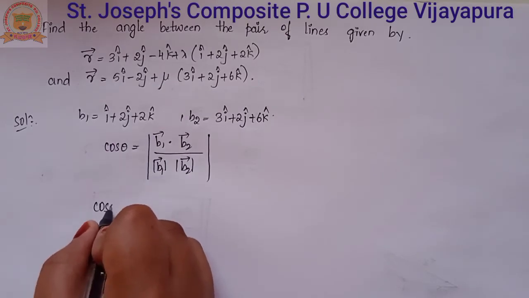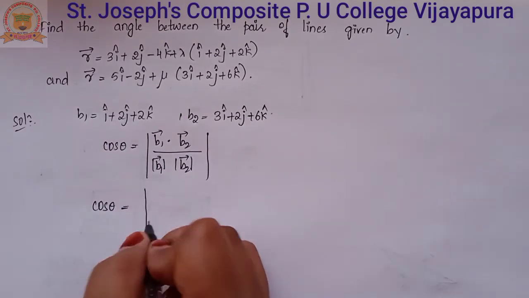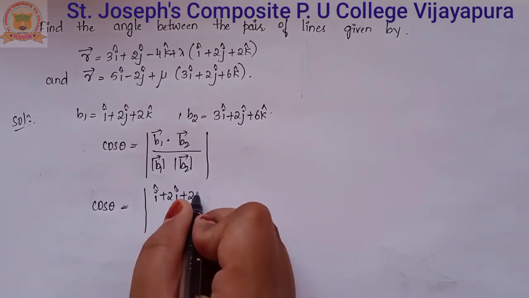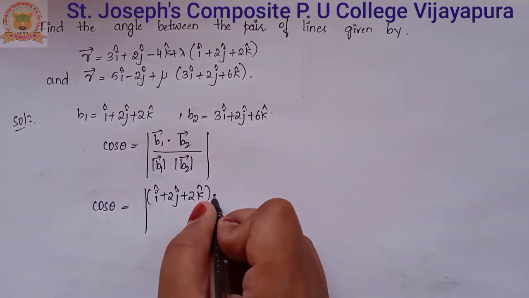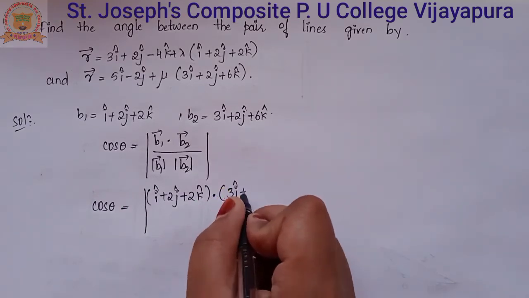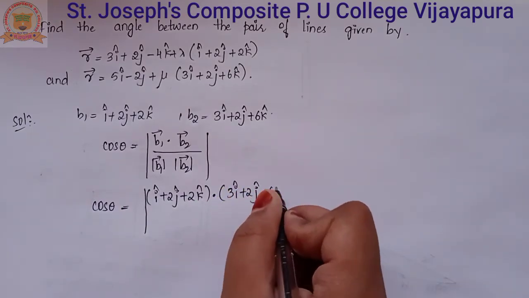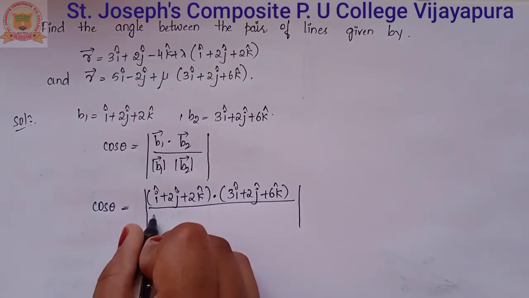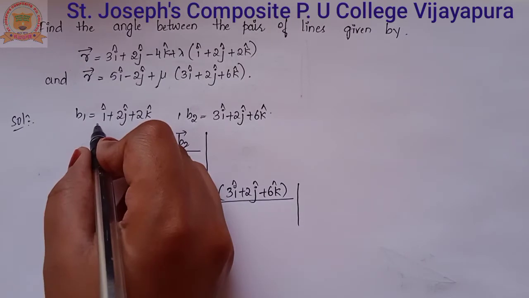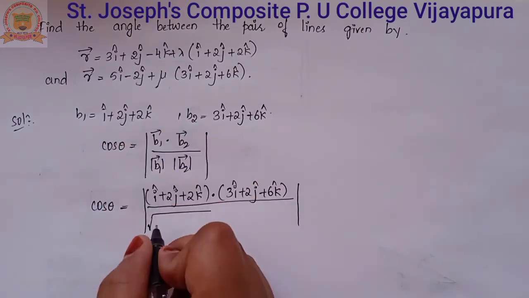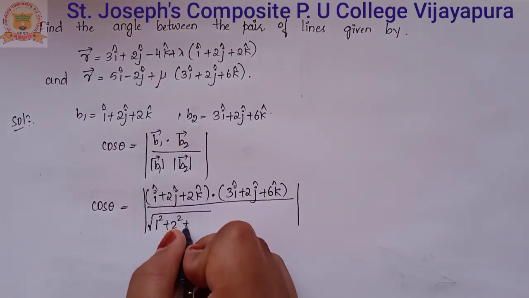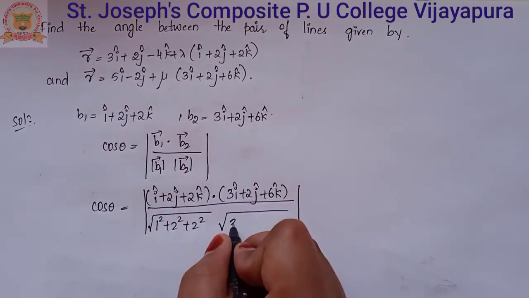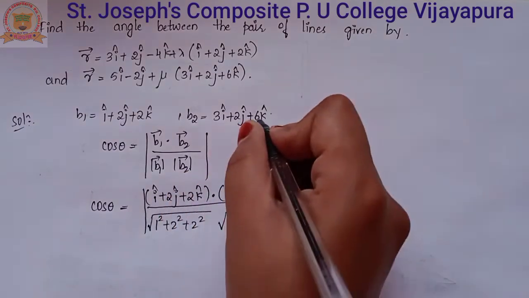We get cos theta equals mod of (i vector plus 2j vector plus 2k vector) dot (3i plus 2j vector plus 6k vector) whole divided by root of, see the coefficients, 1 square plus 2 square plus 2 square, into magnitude of b2, that is root of 3 square plus 2 square plus 6 square.